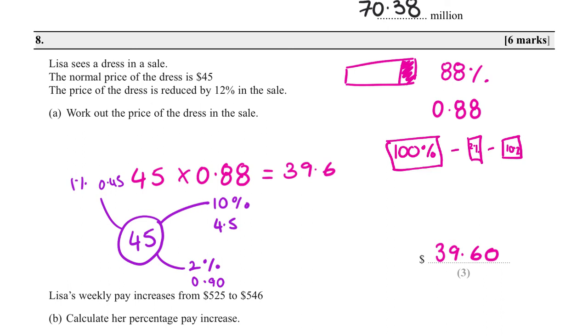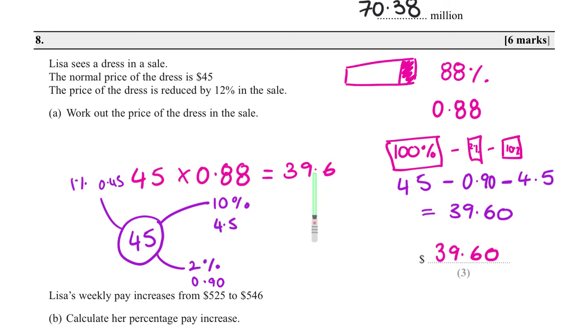So if I have 45 as my 100%, minus 2%, which is 0.90, minus 10%, which is 4.5, that gives me 39.60. There's more than 2 different ways to do this. We have the multiplier method, and then we have what I call logic reasoning.